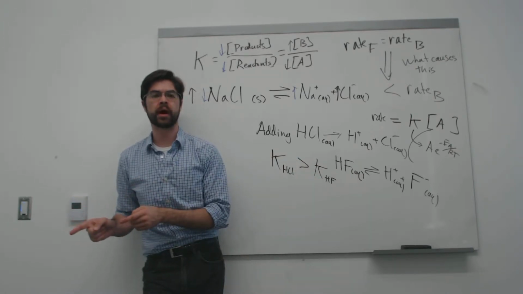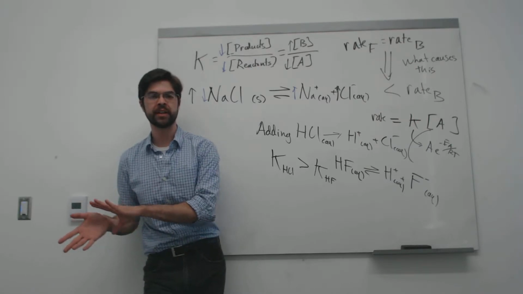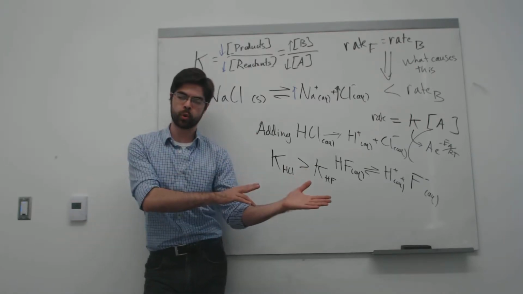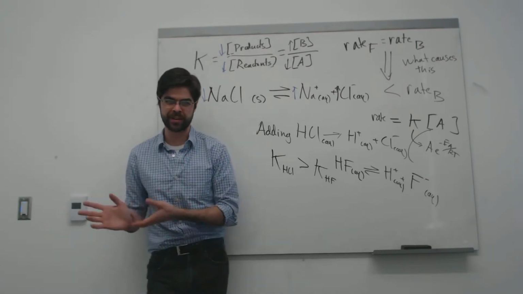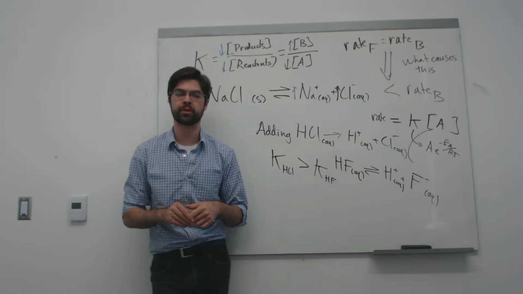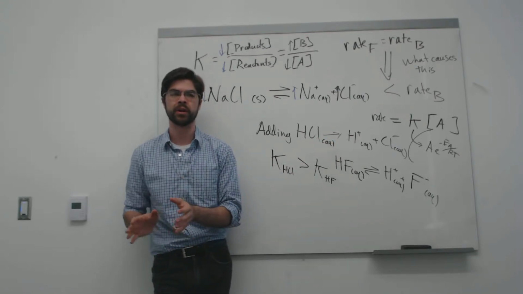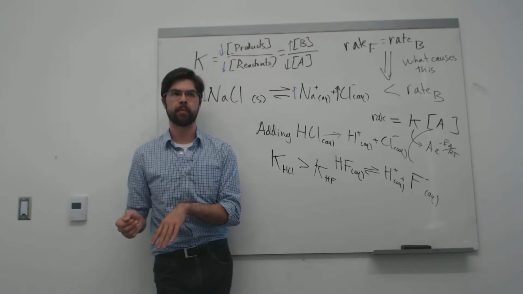The equilibrium constant tells you characteristically whether a reaction is skewed towards the reactants or skewed towards the products, whether it tends to do that naturally or not. HCl is a strong acid. We had previously taught you the idea of strong acids versus weak acids.